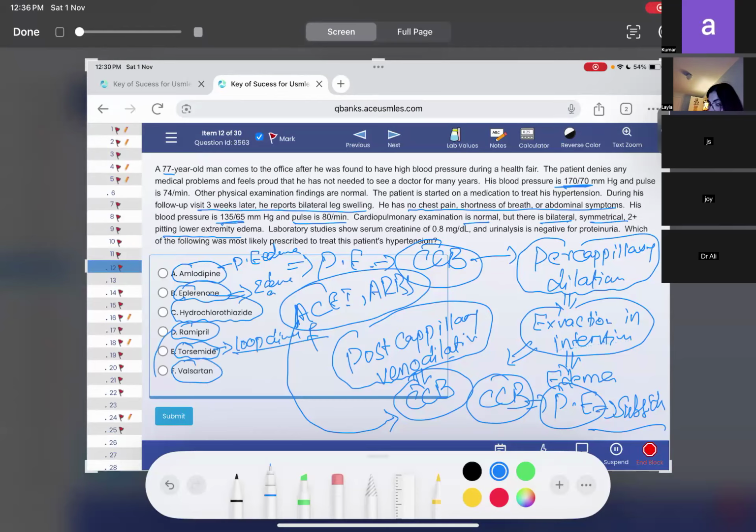Valsartan and ramipril can cause post-capillary venodilation and can counteract the effect of calcium channel blockers, and can be co-administered along with a calcium channel blocker to reduce the peripheral edema. Clear, everybody? Okay. Anyone with a question?